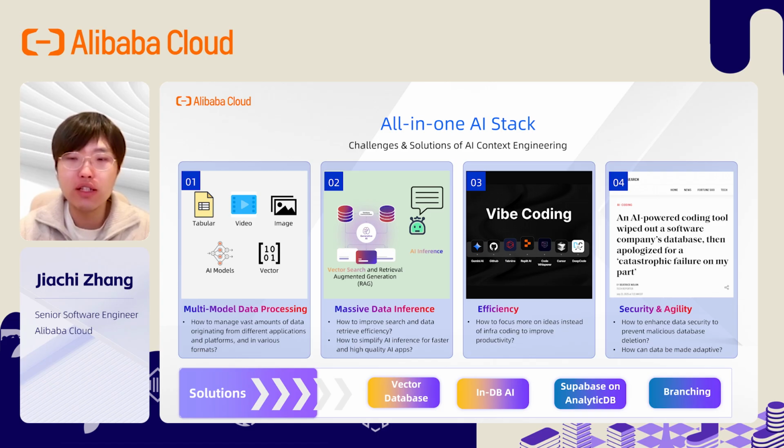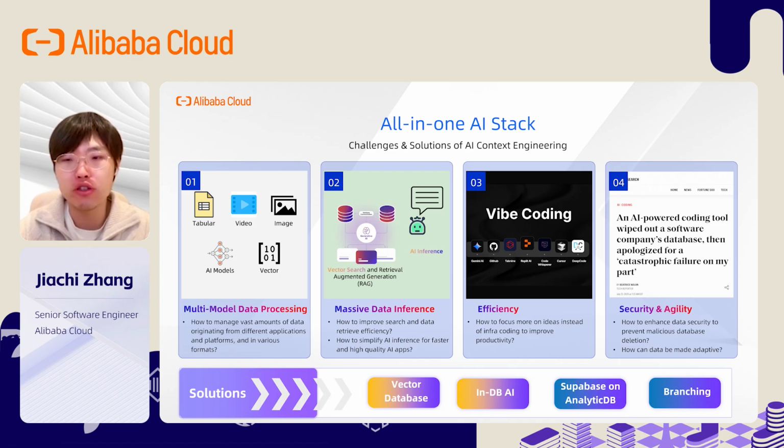First, the serverless AnalyticDB for PostgreSQL natively handles tabular, image, video, and vector formats to provide a unified, efficient storage and information retrieval. Second, a dedicated vector database, together with InDB AI, moves search and AI inference closer to the data.